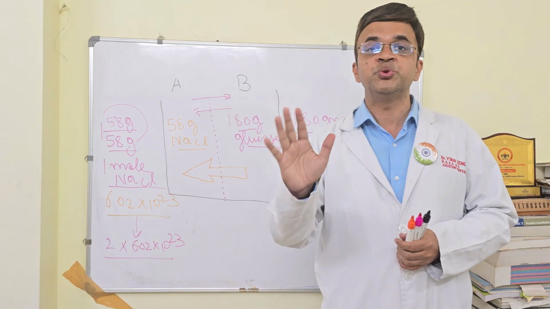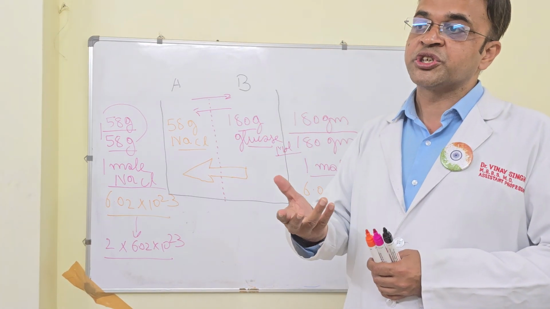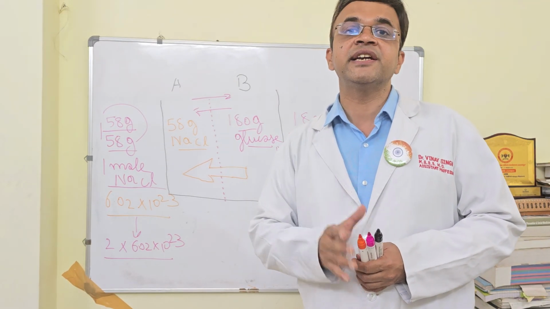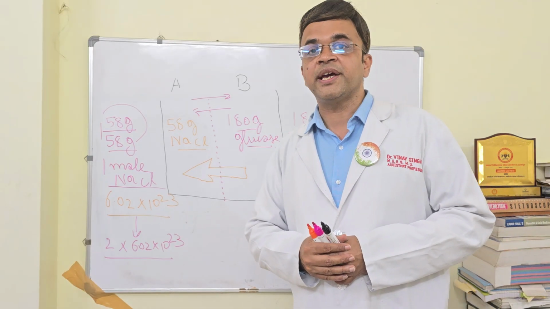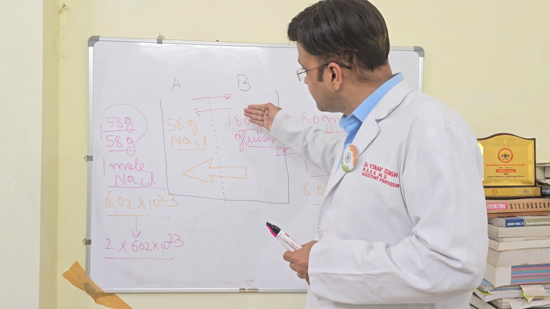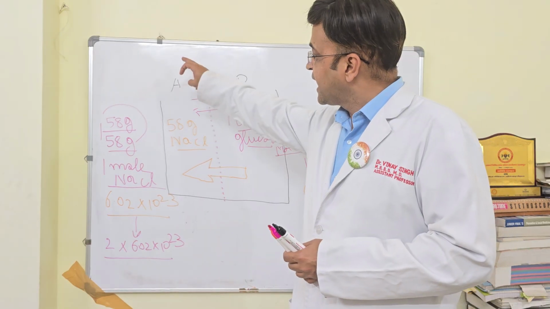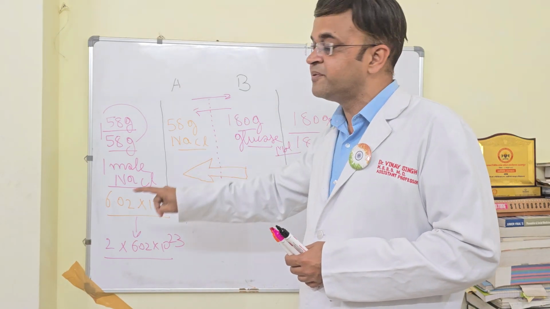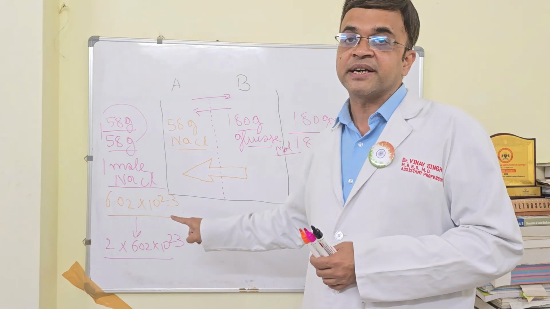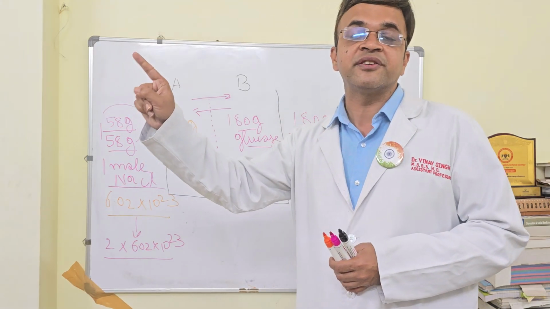But just writing B to A won't give you marks. You have to give the proper explanation. A how and why question is all about whether you have understood it or not. Understanding is important. So you have to write it will move from B to A, and why: because A has 58 gram of sodium chloride, which means 1 mole, which means 6 into 10 raised to 23 particles, but it is going to dissociate into 2 into 6 into 10 raised to 23.